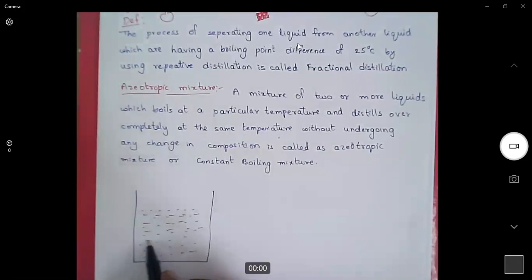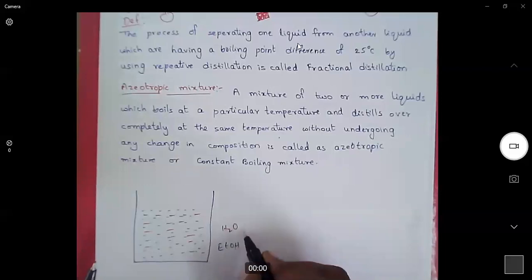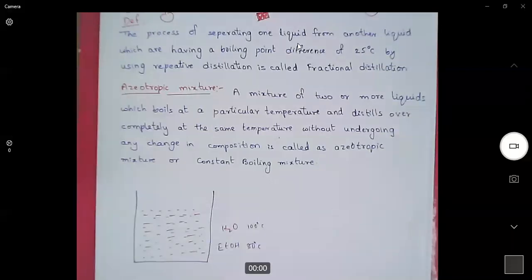Now, say for example, water and ethanol. Water's boiling point is 100 degrees centigrade. Ethanol's boiling point is around 80 degrees centigrade. When we have a mixture of these two, and when we supply heat energy to this, what happens?